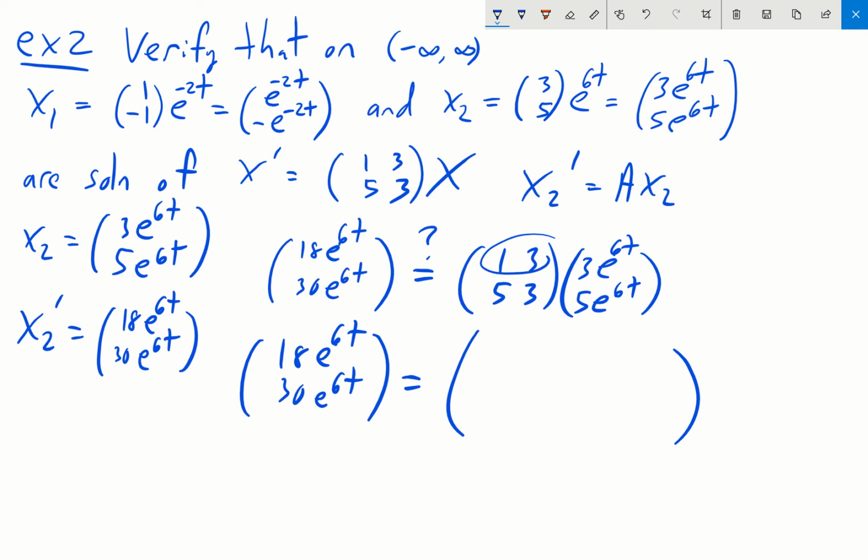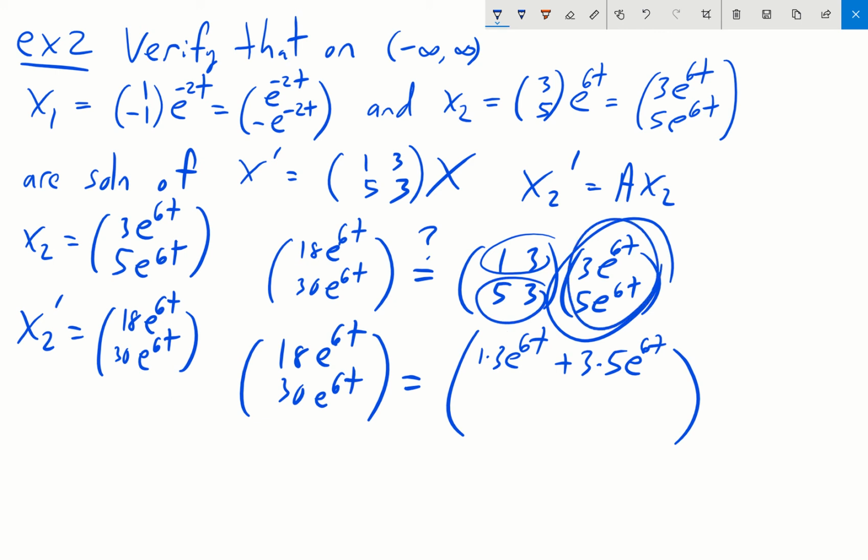We start by taking the first row times that first column. That's going to give us 1 times 3 e to the 6t, then plus second row, second column times this term, 3 times 5 e to the 6t. We now move down to the second row, multiply it by that column. That's going to give us 5 times 3 e to the 6t, plus now the 3 times 5 e to the 6t.